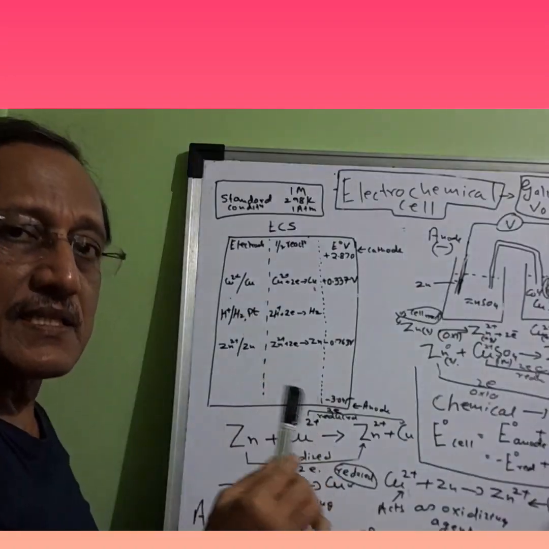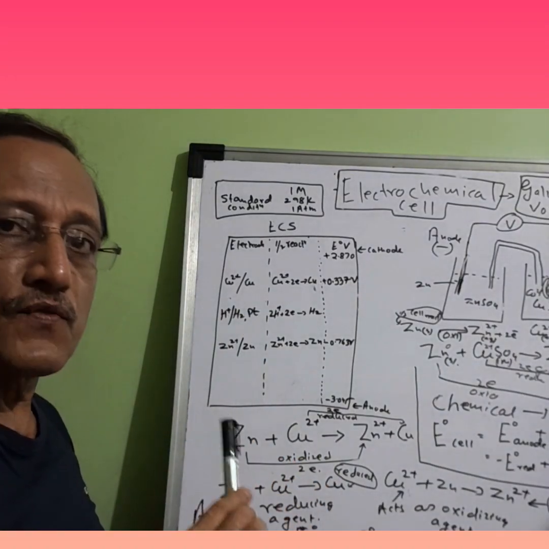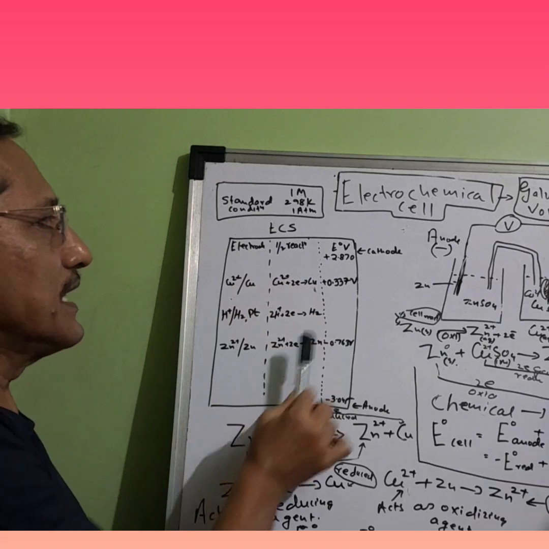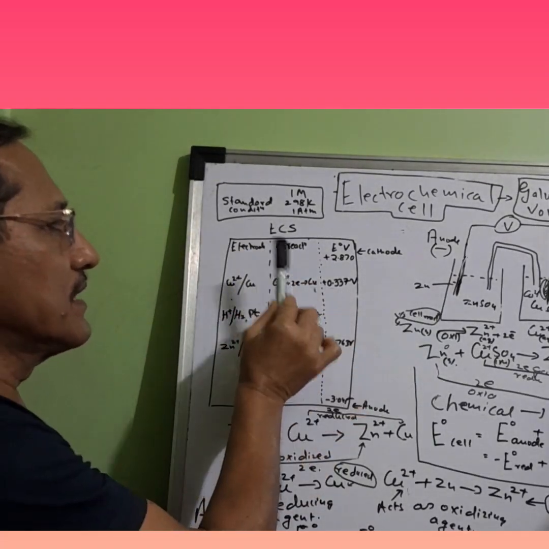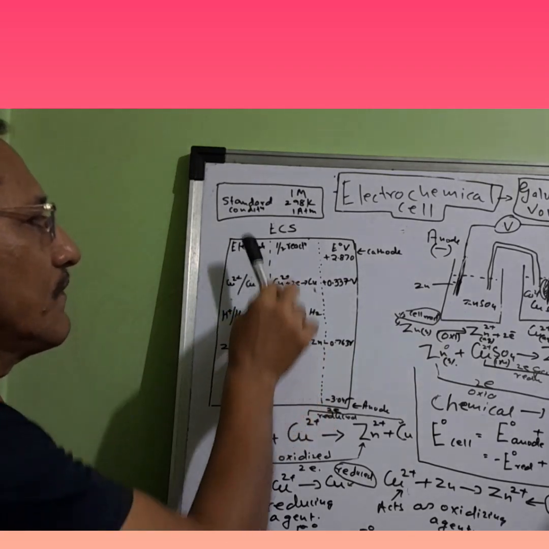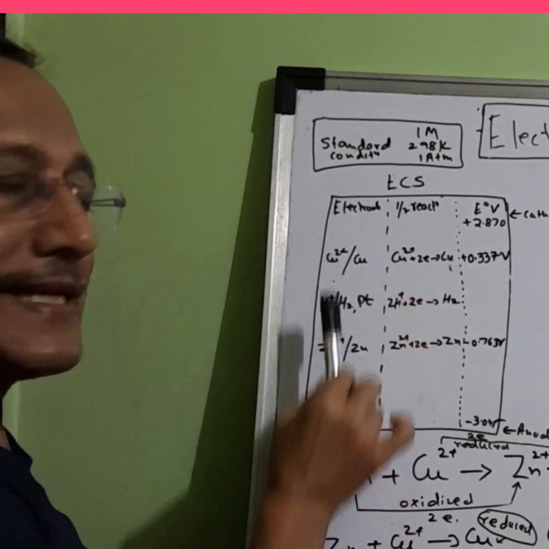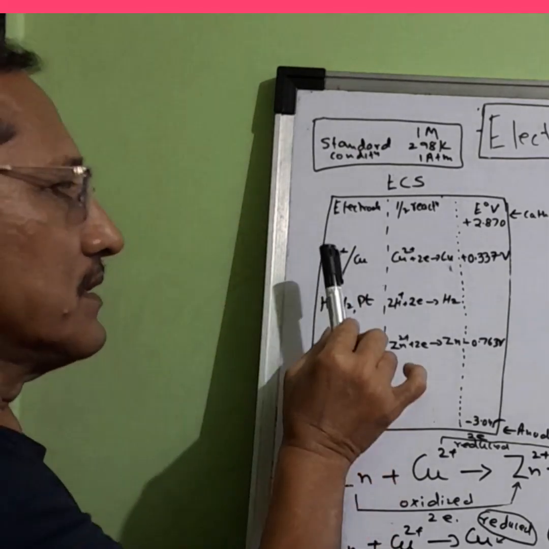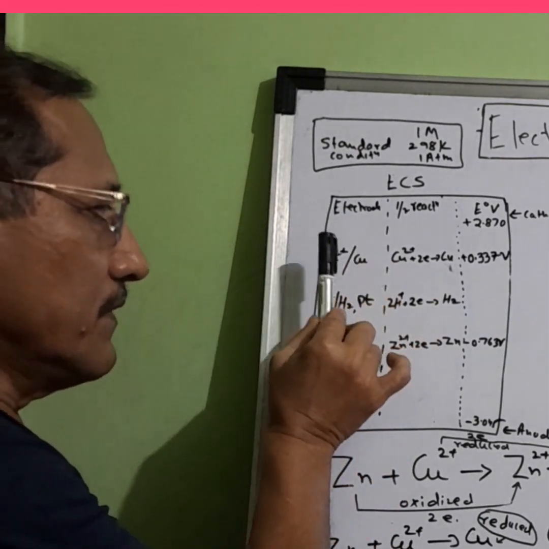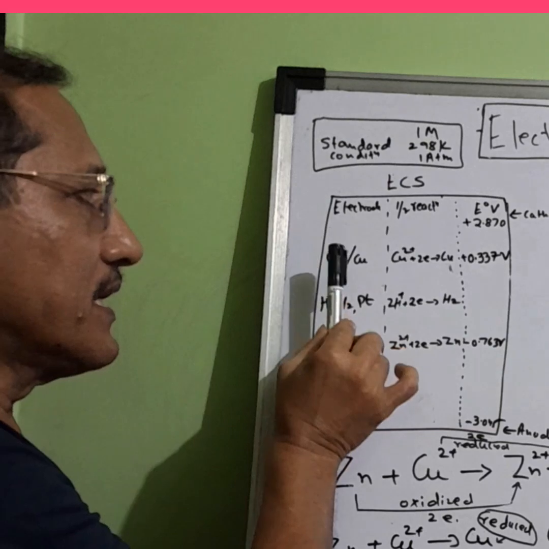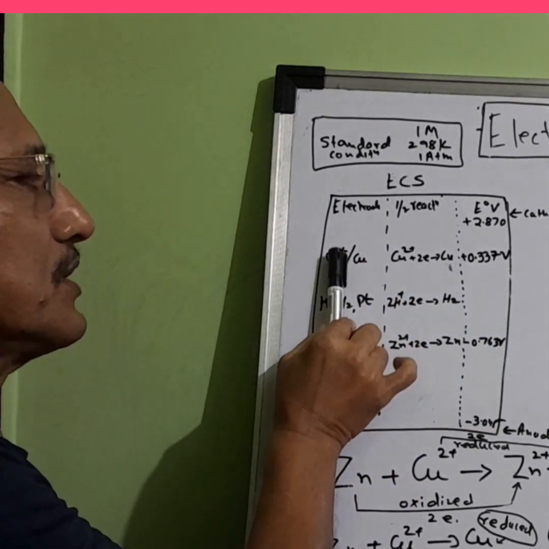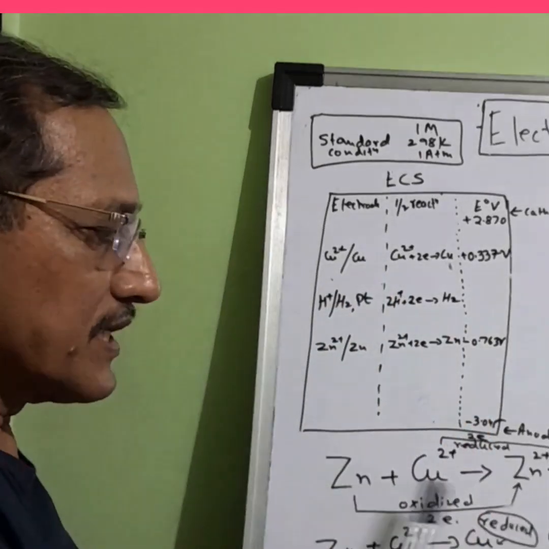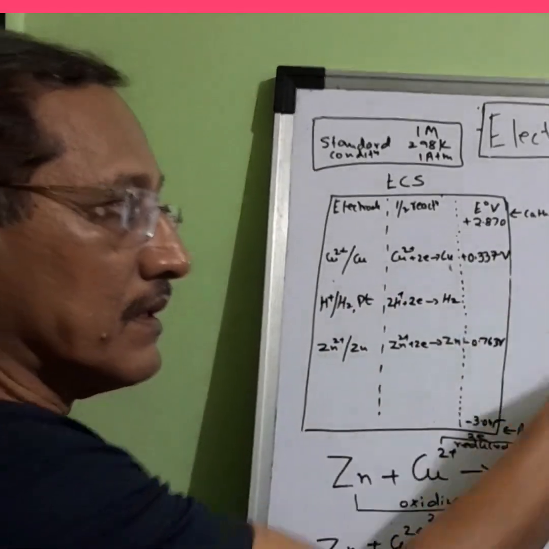Then we talked about the ECS, the electrochemical series, which is the thing I am going to pick up in this video. This is the electrochemical series you have in your textbook. When you observe it keenly, you will find that on this side we have all the electrodes, and it has only the reduction potentials. Here I took a few examples required for our cell.